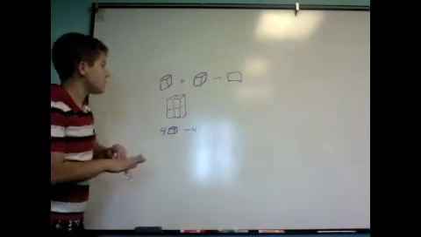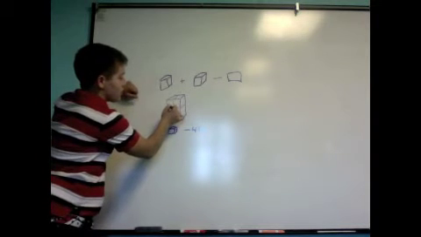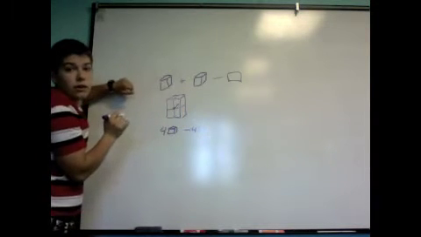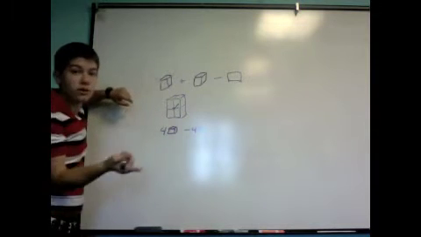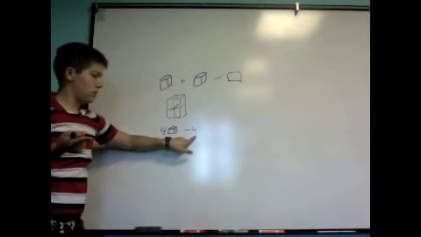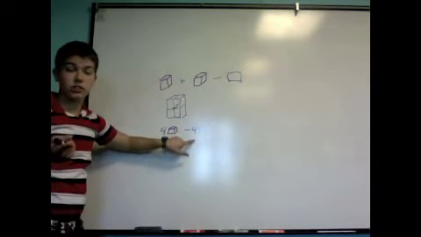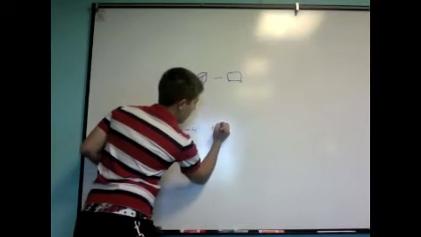But here, there's an edge that they're all sharing, and that was there 4 times when we started out. And then since all those faces share that same line too, we subtracted it 4 times. So let's add it back in.